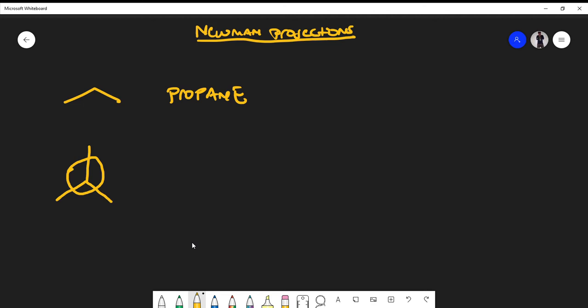Now, on the molecule itself, you want to be able to identify the front carbon and the back carbon. This is my front carbon, and this will be my back carbon.